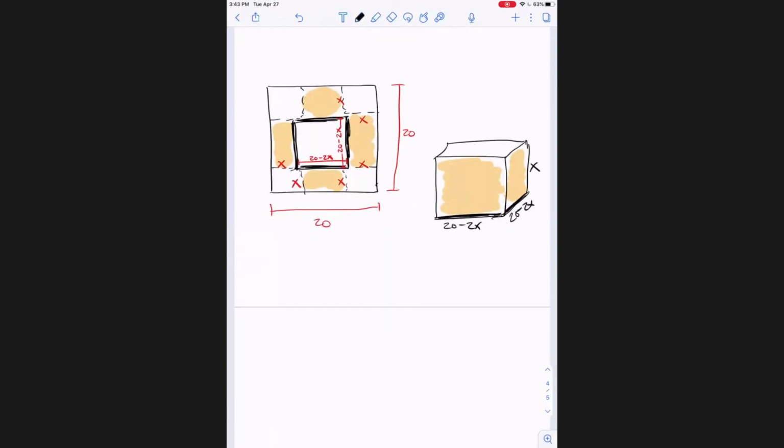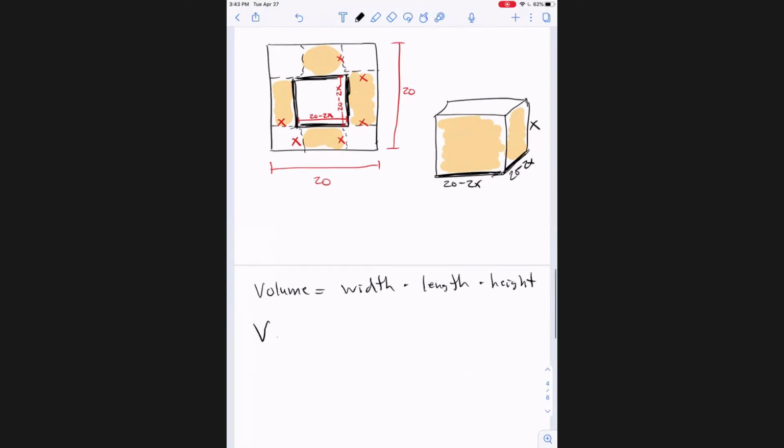So remember, volume of the box is width times length times height, right? We're trying to maximize volume. So what is V equal to?